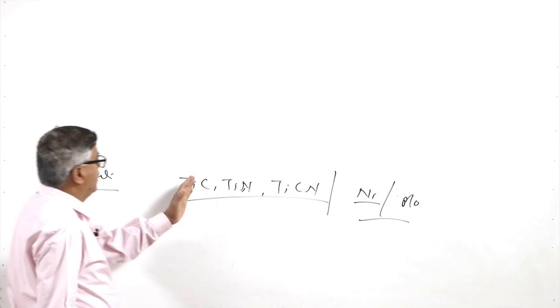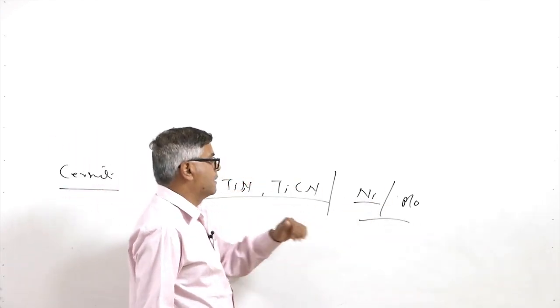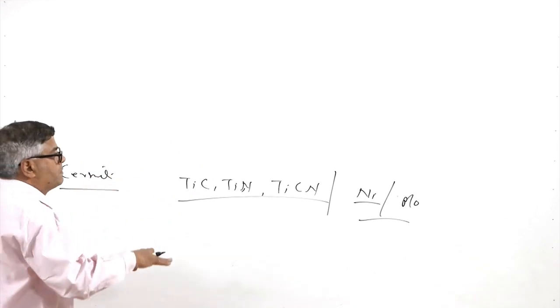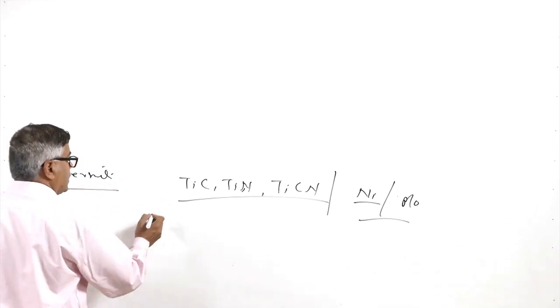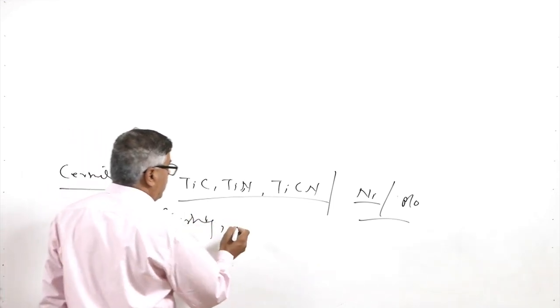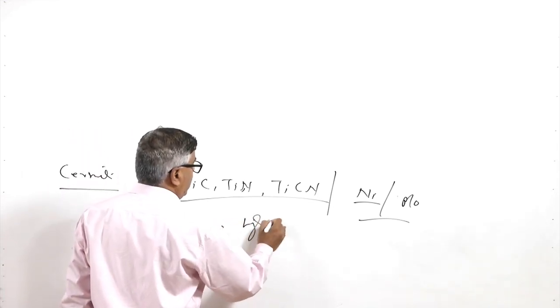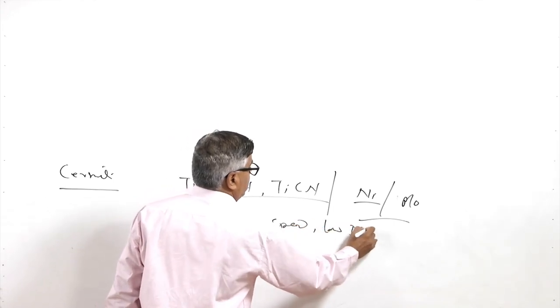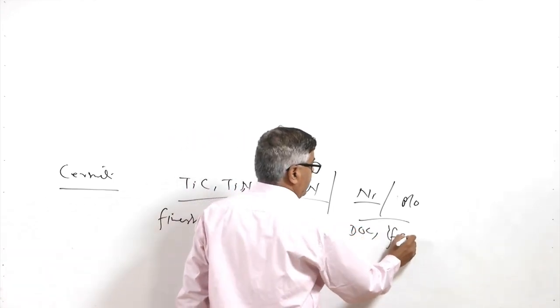These are the reinforcing agents, and the matrix is either nickel or cobalt. Since they have very low rupture strength and very high hot hardness, these are primarily used for finishing purposes, when working with high cutting speed, low depth of cut and low feed.